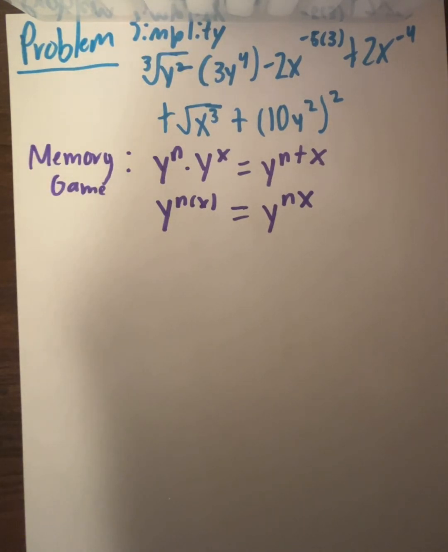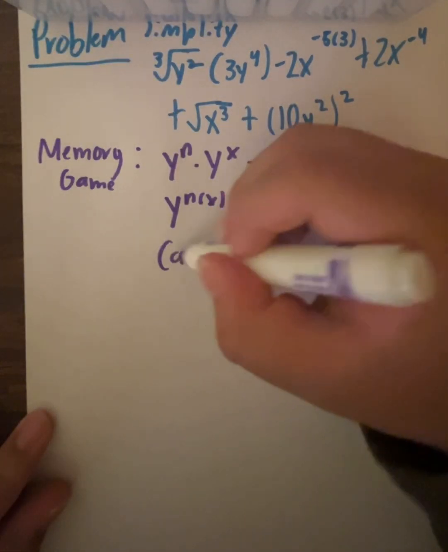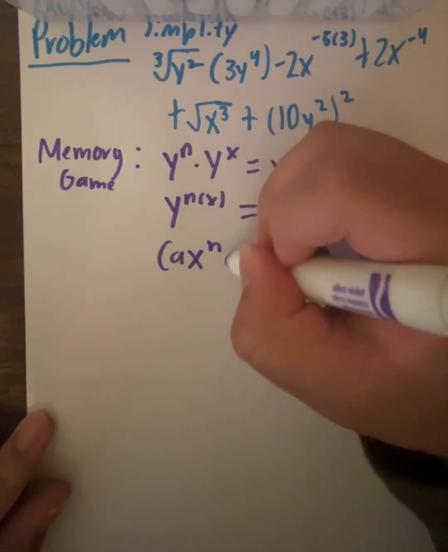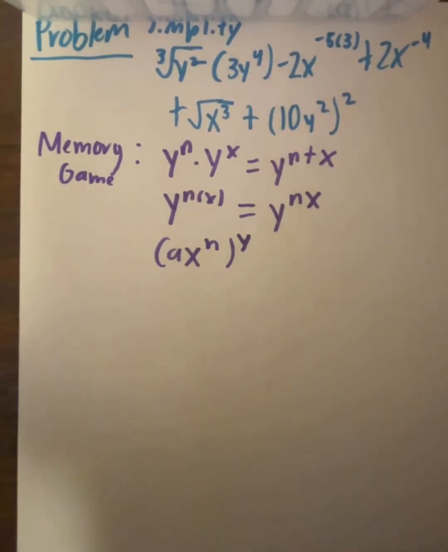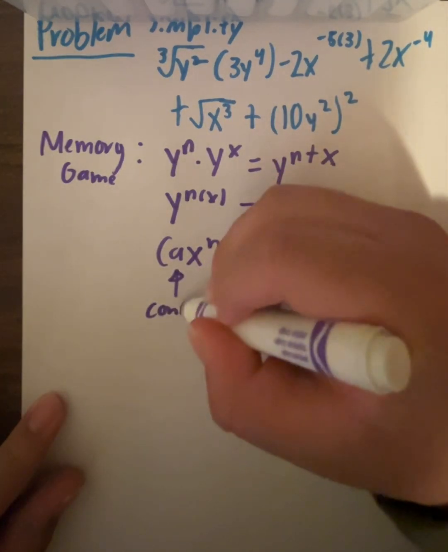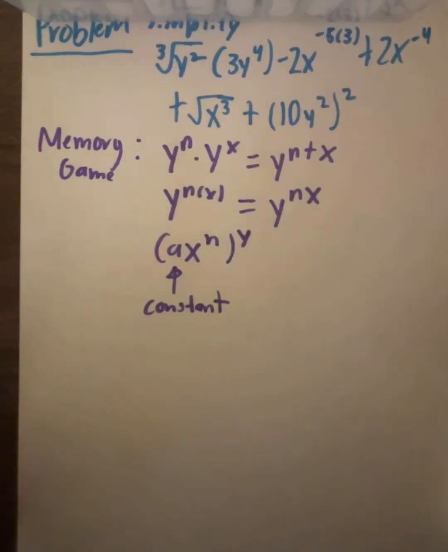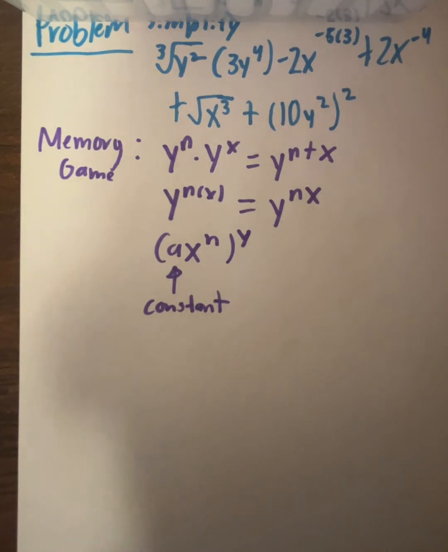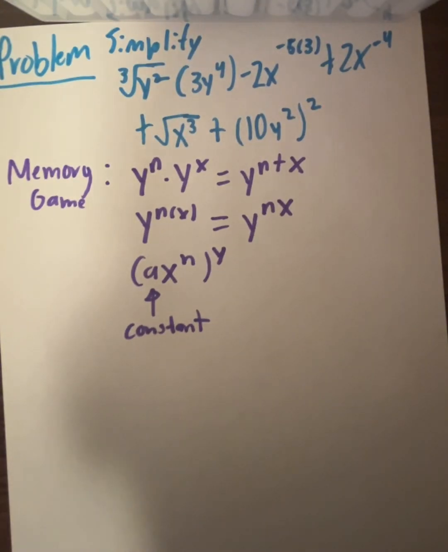And what do we do if we have something like this? a to the x and to the y. What do we do there? Oh, just to clarify, a is a constant. What do we do there, you may ask? Well, it's simple.